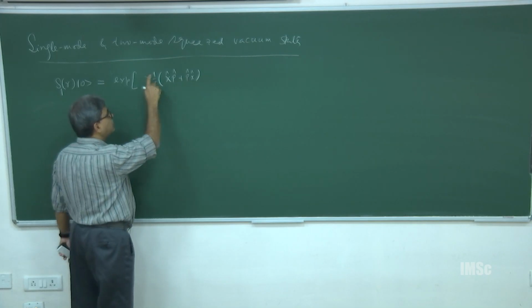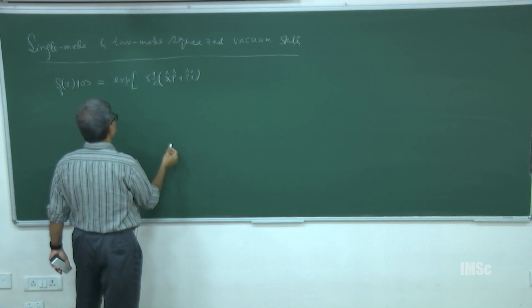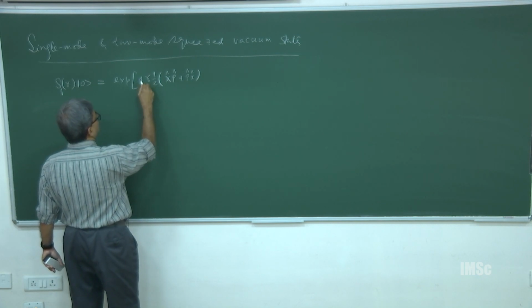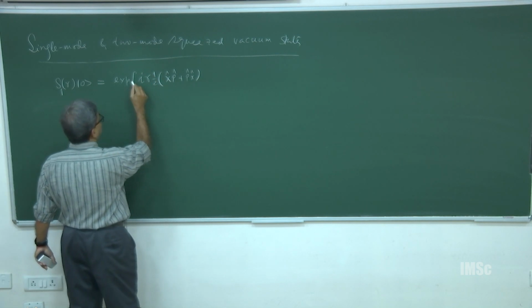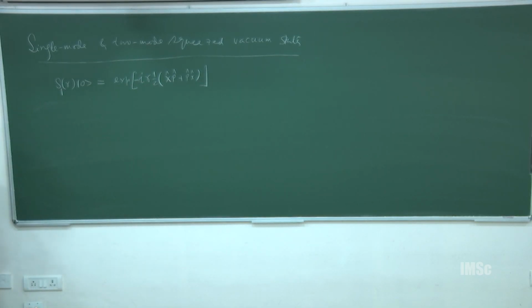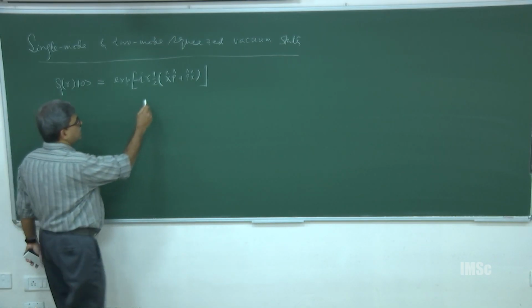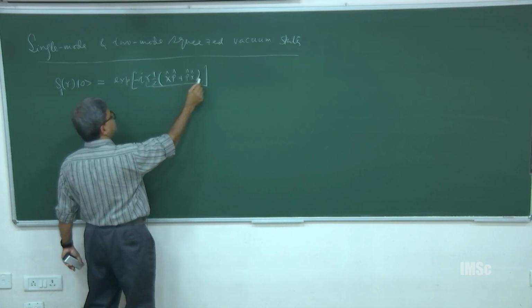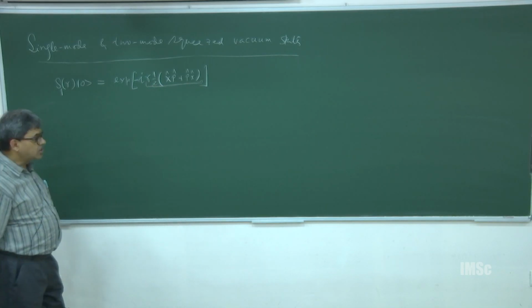To make it unitary, let me take it like, let's say, iota, or maybe minus iota. So this must be unitary, right? Because this is my Hermitian operator and this is a real number, so this as a whole will be Hermitian, and minus i Hermitian operator.